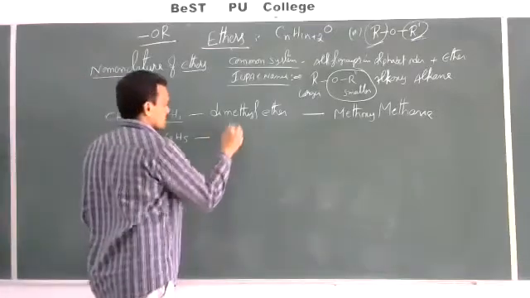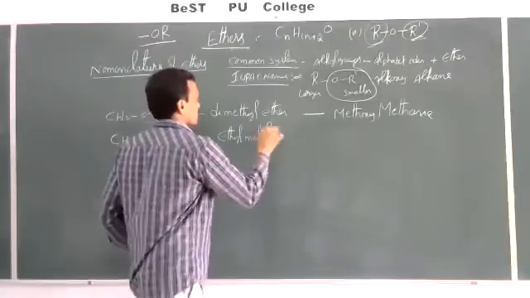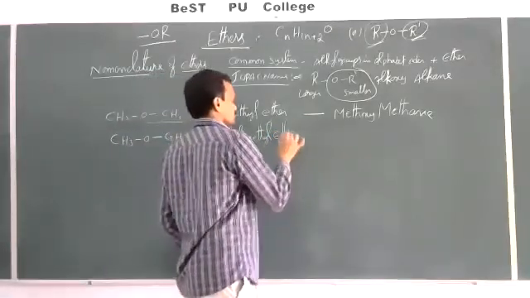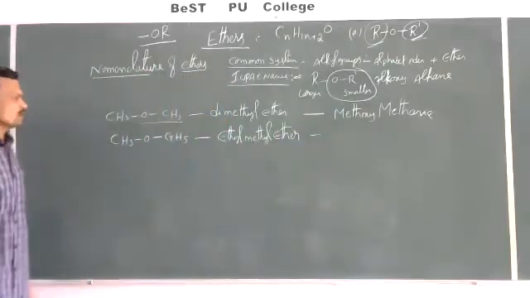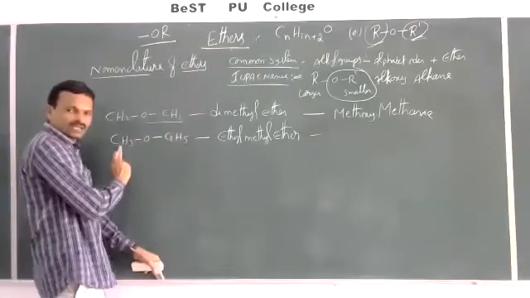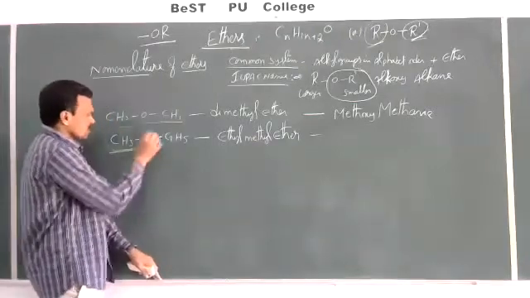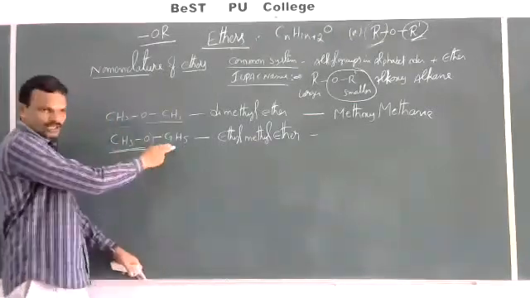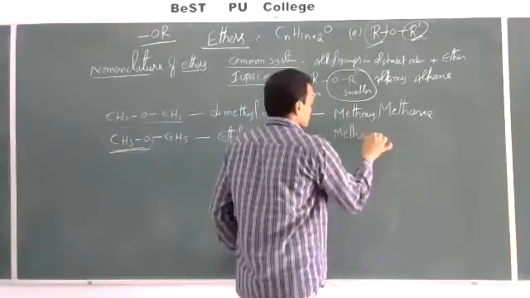So this is named as ethyl methyl ether, the common name. What is the IUPAC name? Of these two, which is smaller? The methyl group is smaller, so this is named as methoxyethane. So the IUPAC name is methoxyethane.